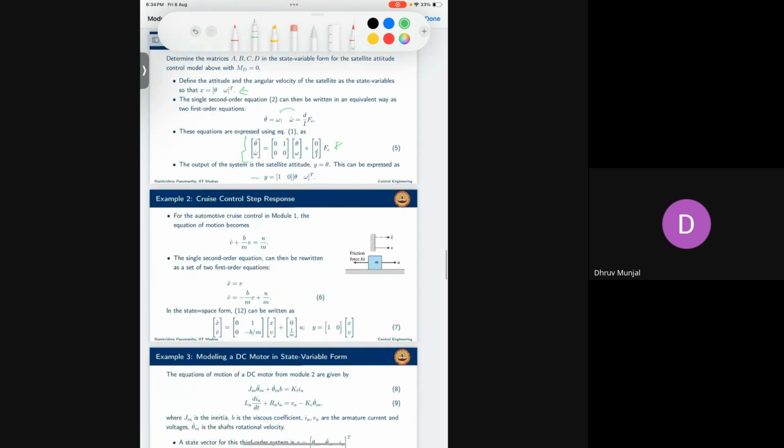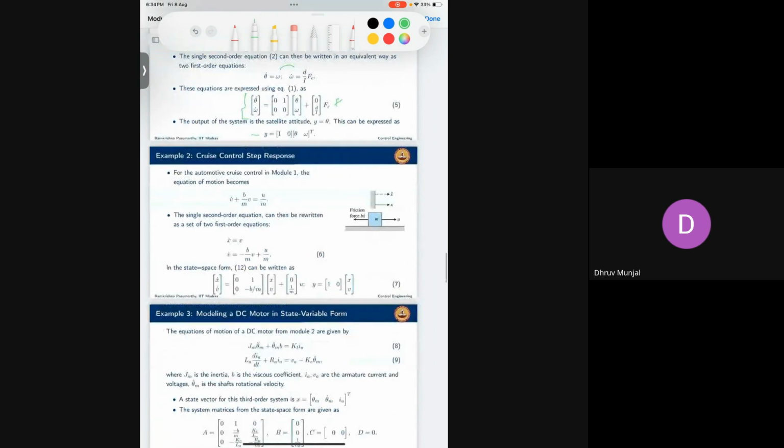This is another example, based on cruise control. Here you don't see x at all, right? x is indirectly bound here. So the equation is written in terms of velocity v, where b is the damper coefficient and m is the mass. That's what the whole equation has, and one input u.